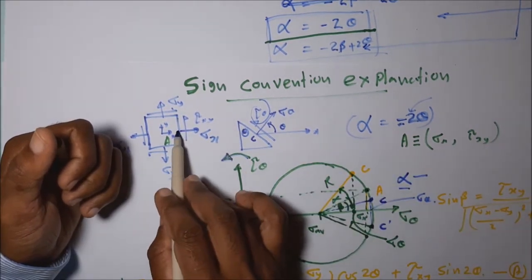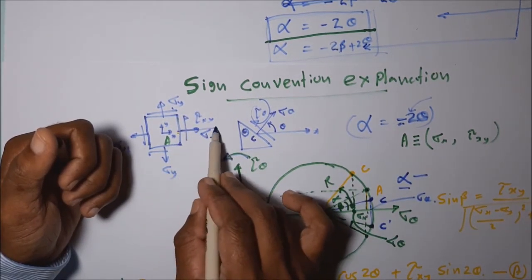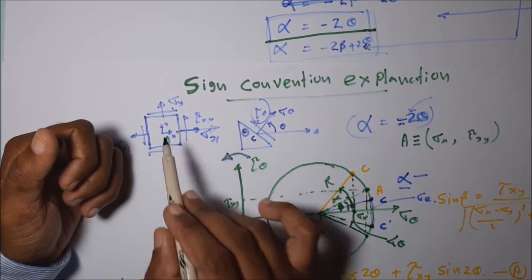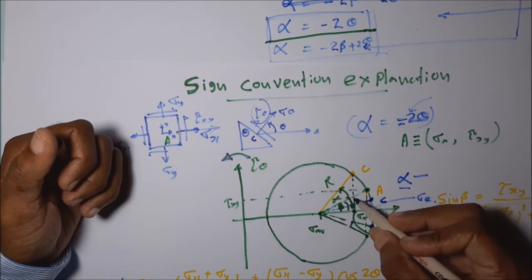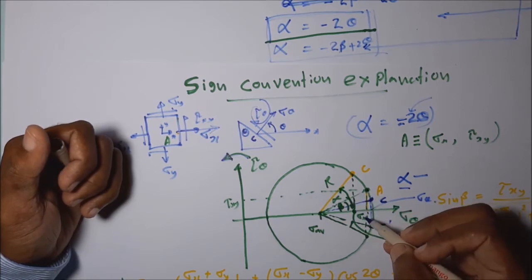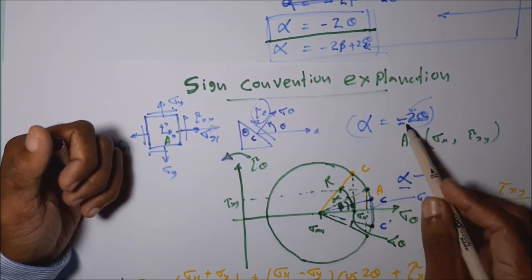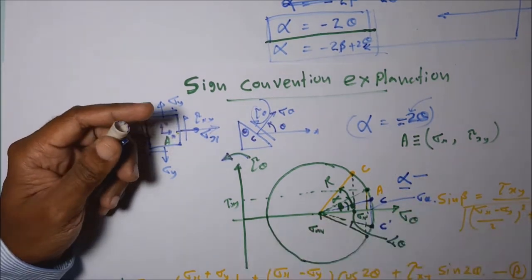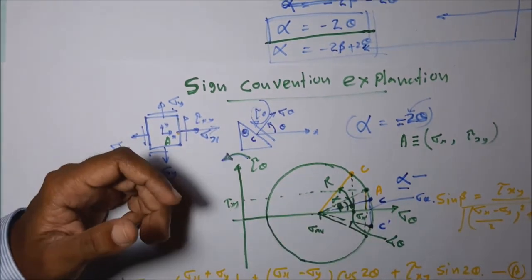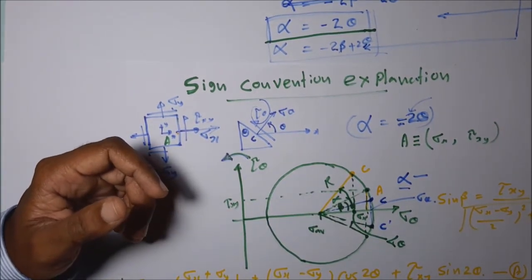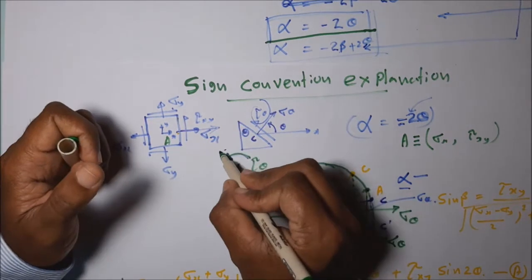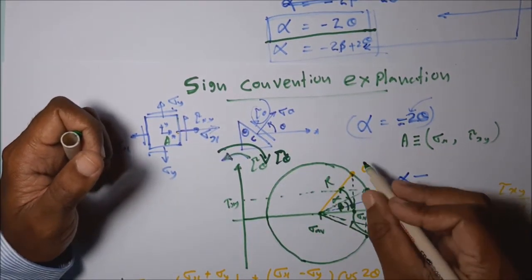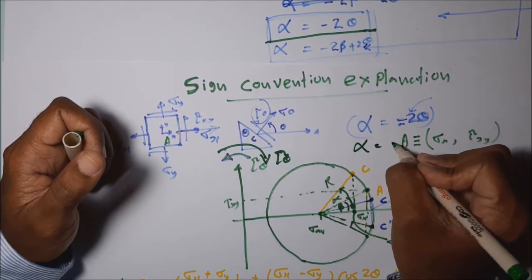The reference point means the reference plane. The reference plane means the plane which is normal to the x coordinate direction. From this point we have to measure in the anti-clockwise direction, and it is negative. If you take clockwise shearing stress as positive, then we get the answer alpha is equal to 2 theta.